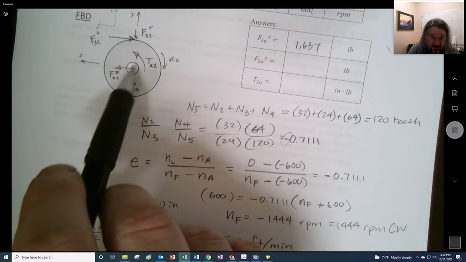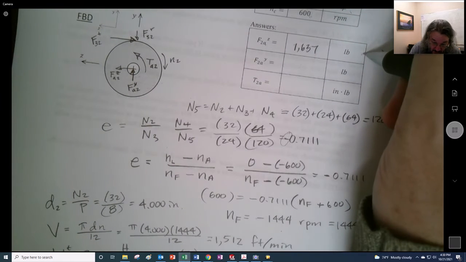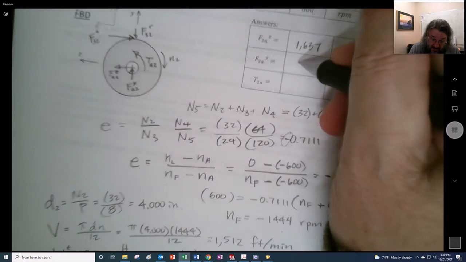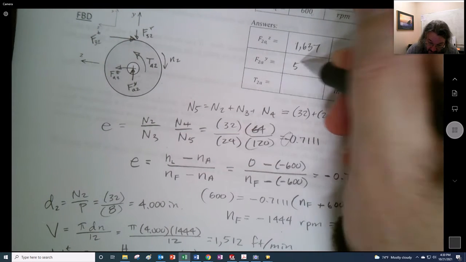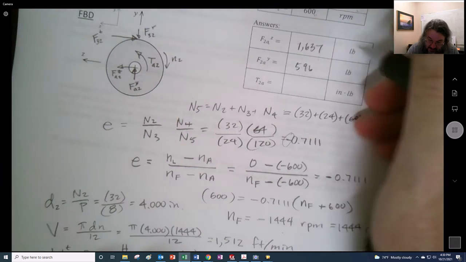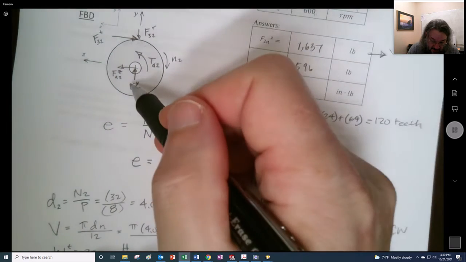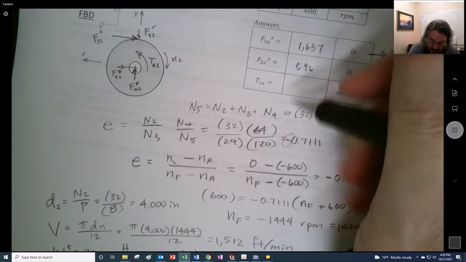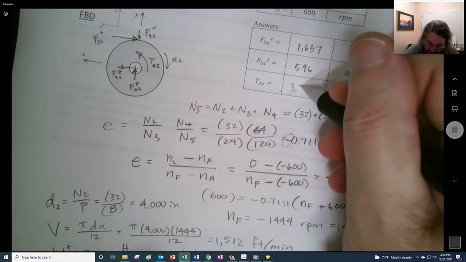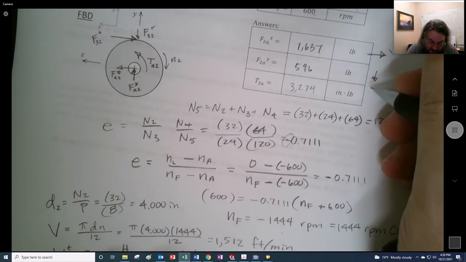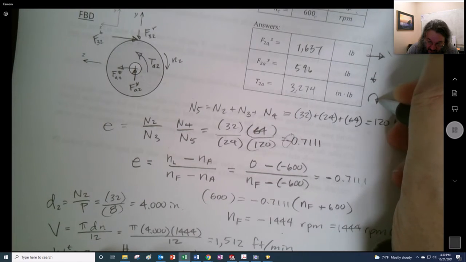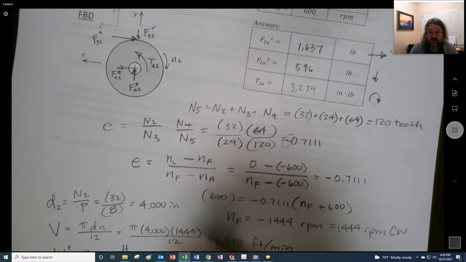These are all the stuff the shaft is doing onto the gear, so we're going to go in the other direction. And then this one is going to be 596. So if this thing is coming up, this thing is coming down. There you go. And then the torque is going to be 3,274 inch-pounds, and that means we're going to be driving the shaft that way, because it's the opposite of this.